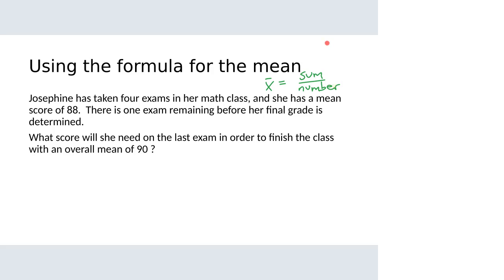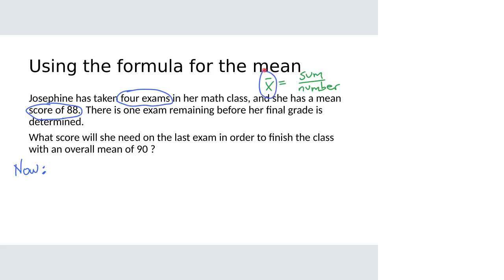And the way we're going to approach this one is we are going to look at how many points Josephine has earned up to this point. So up to now, how many points has she earned? Well, what we know about where we are right now is Josephine has taken 4 exams and she has a mean score of 88. So we could find the total number of points she's earned.